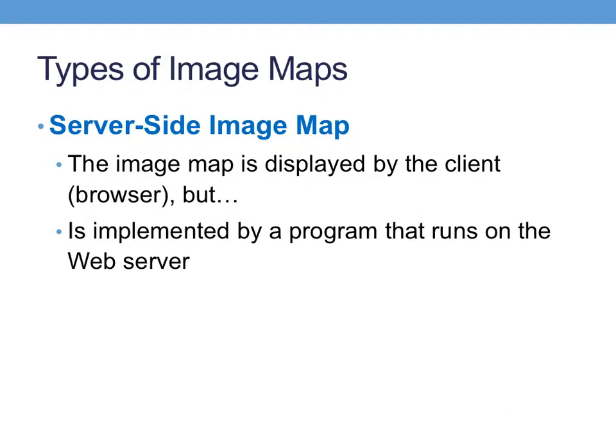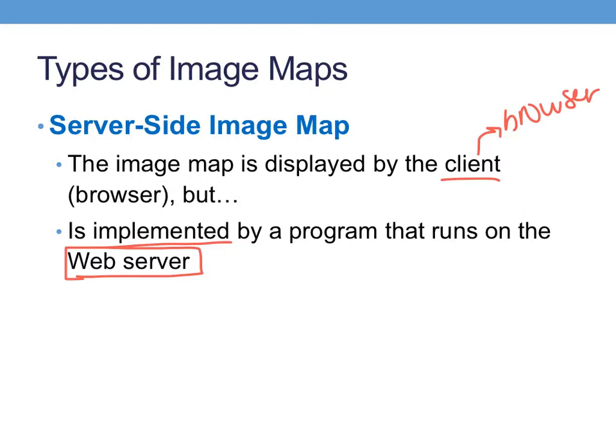So in the server-side image map, the image map is still displayed by the client, and notice that client is another word for browser. So in both, the image map is still displayed by a browser in a browser window like Chrome. The big difference comes with how this image map is implemented. With a server-side image map, it's implemented by a program that runs on the web server. The idea is that the server does more of the work.